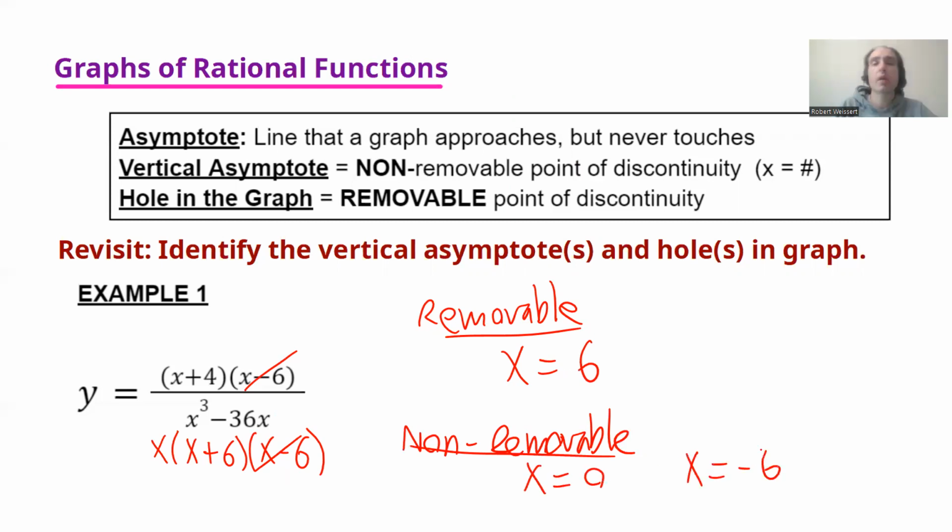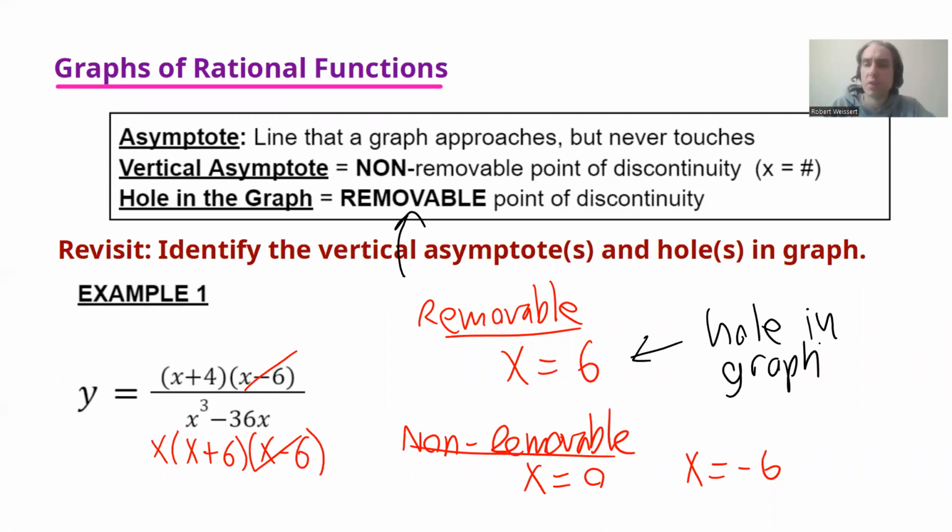Well, it turns out that the removable point, that's what we call a hole in the graph. That's where on the graph there's just a big open circle that doesn't really exist when you plug in 6.